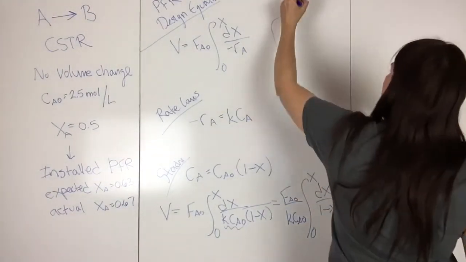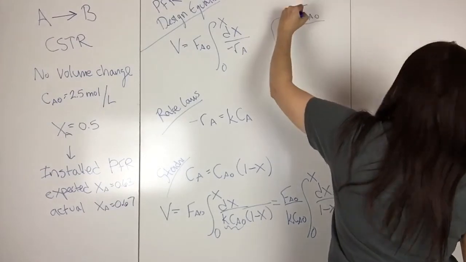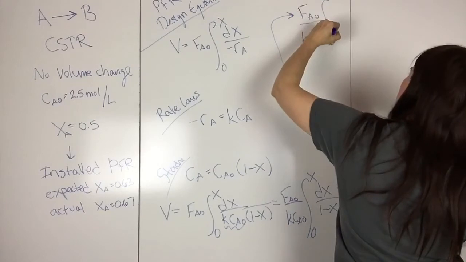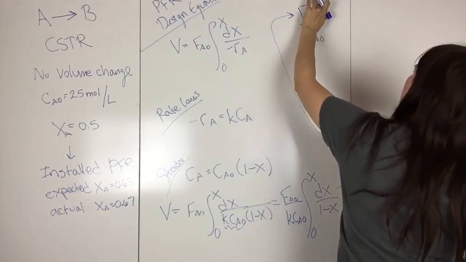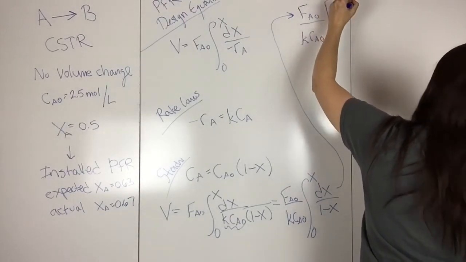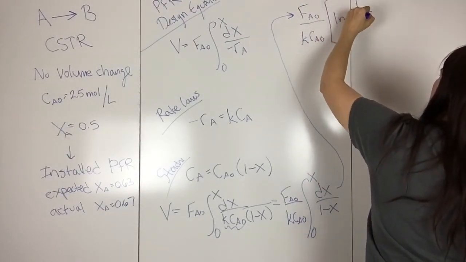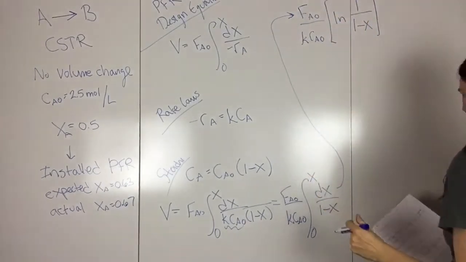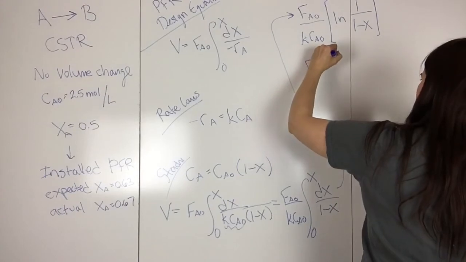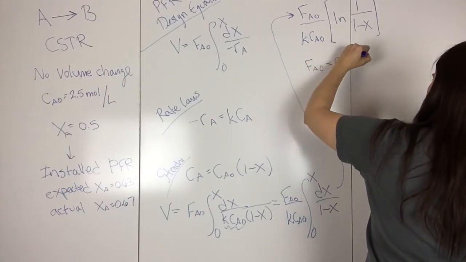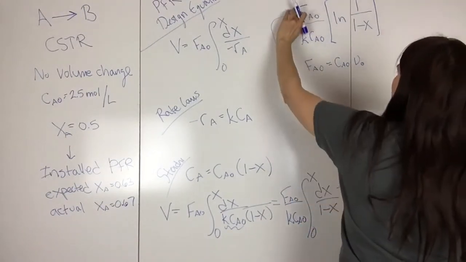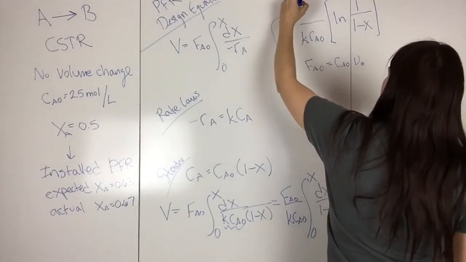So that is equal to F_A0 over k C_A0 multiplied by the natural log of 1 over 1 minus X. And then we also know that F_A0 is equal to C_A0 v_0, so I'm just going to replace that.